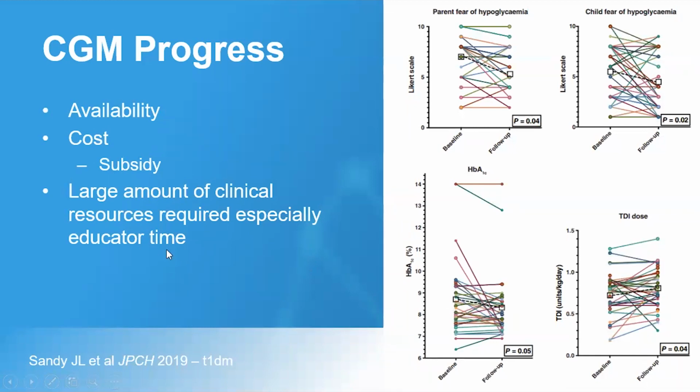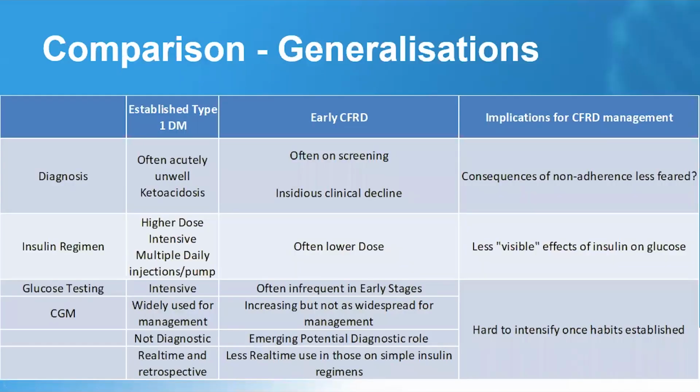But it took a lot of resources from the department, especially educator time in educating the families on how to properly interpret the data available. And if we're making generalizations, there are quite a few differences between established type 1 diabetes and early CF-related diabetes, because the former often present acutely unwell, or at least are aware that they could become so, such as with ketoacidosis.